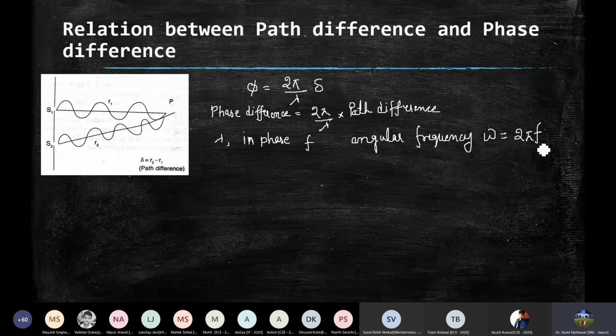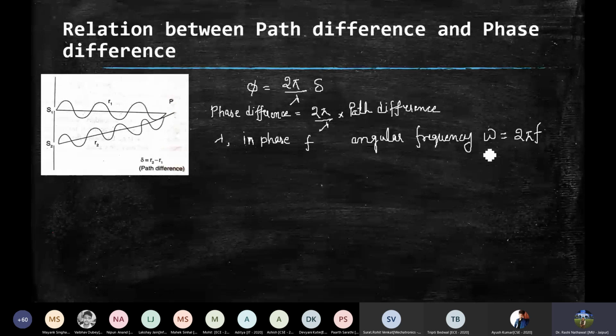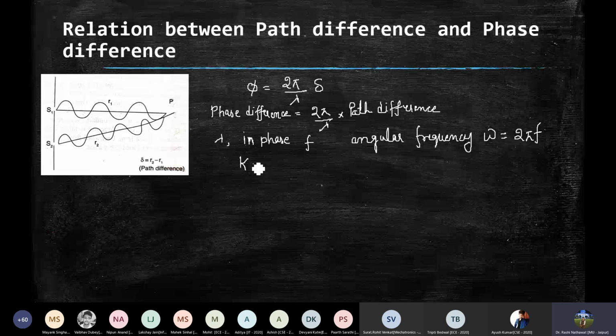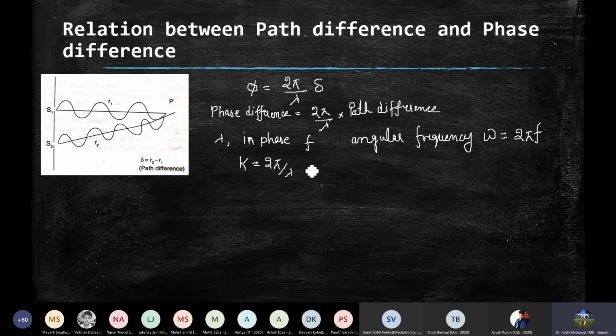If the frequency of the wave is f, which is the same for both waves, then the angular frequency omega equals 2 pi f, and both waves travel at the same speed. And the propagation constant k is defined as 2 pi by lambda, which is the propagation constant of a wave.